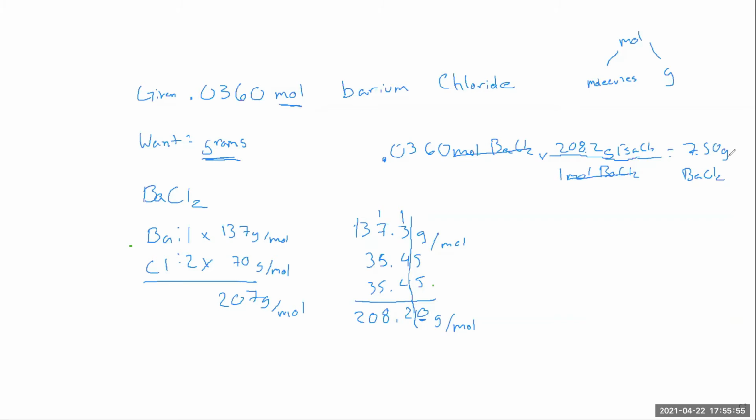Yeah, you just need 3 sig figs because when we're multiplying, we take the least amount of sig figs in the numbers. And the number that we started with only has 3 sig figs, even though the barium chloride molar mass had 4 sig figs.